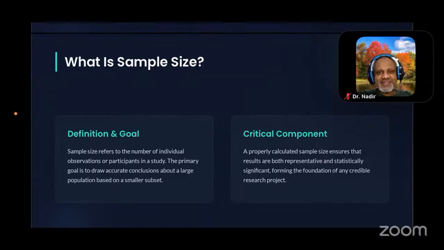So the reason sample size is important is, say there's a population with hypertension, and you want to look at India, for example. You would have to take the entire population of India and everyone that has hypertension.